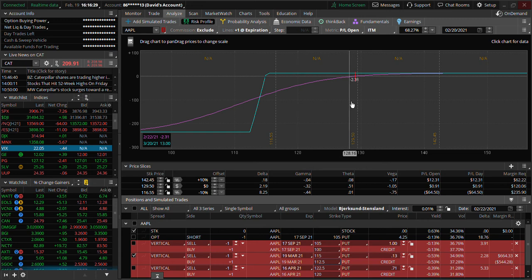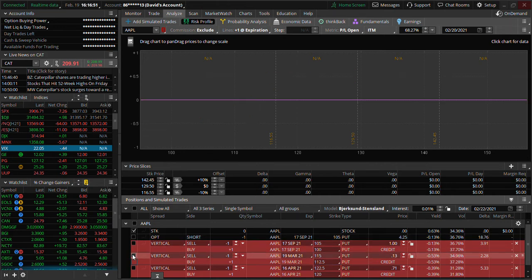So what's that, 5%? Not even. So you could get your win rate up like this, but all it takes is one bad stock and you're down here, and it's going to wipe away all those little bitty trades that you made. So that's what I think about credit spreads.